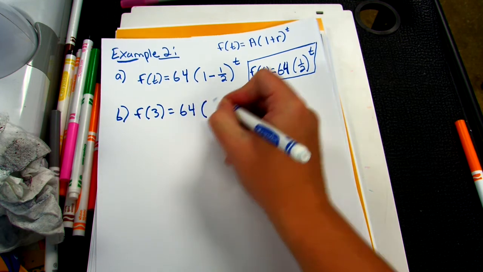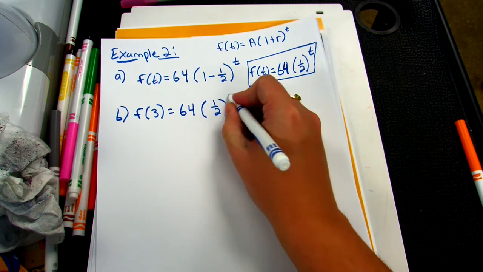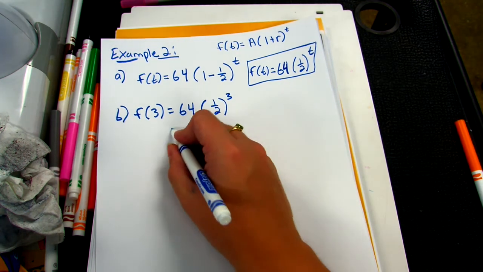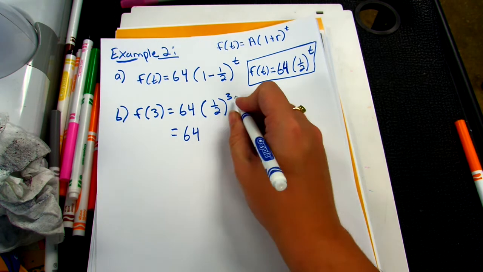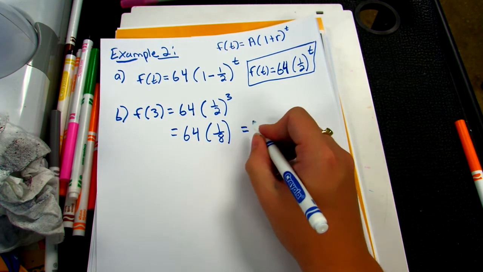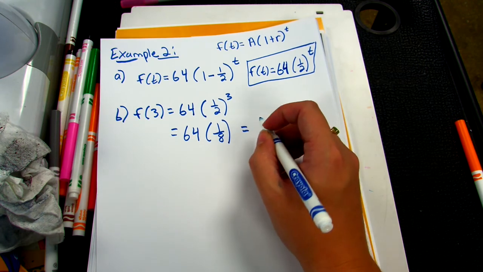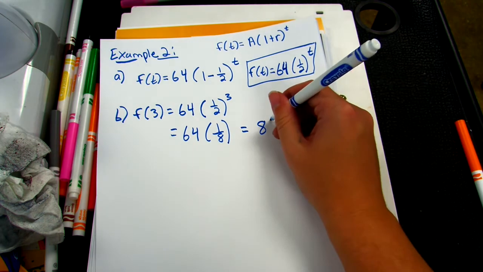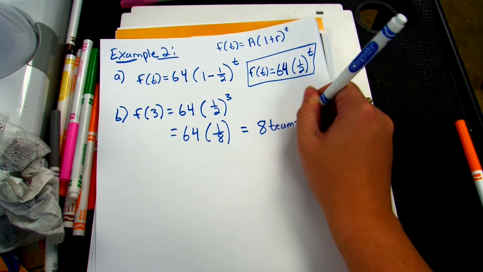So 64 times 1/2 to the 3rd power. Okay, well, we can do the math. 1/2 to the 3rd power is 1/8. And then 64 times 1/8 is going to give us 8. So there are 8 teams left after 3 rounds.